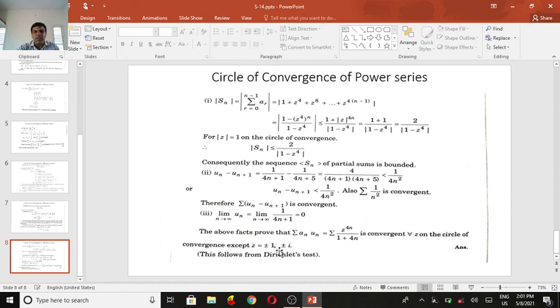The above facts prove that summation z power 4n divided by 1 plus 4n is convergent for all z on the circle of convergence except z equal to plus or minus 1 or plus or minus i. This follows from the Dirichlet test.